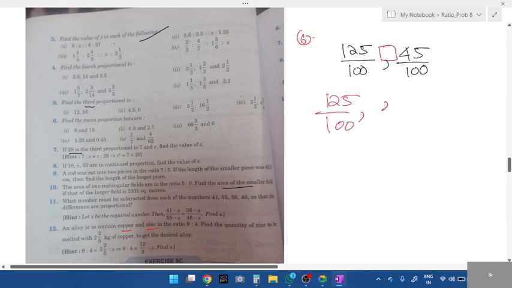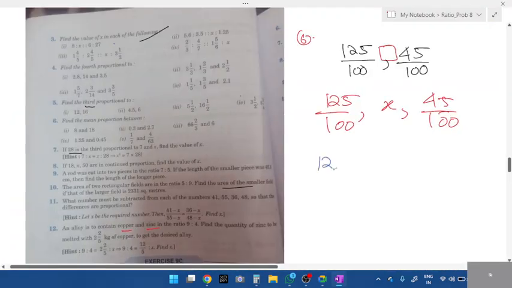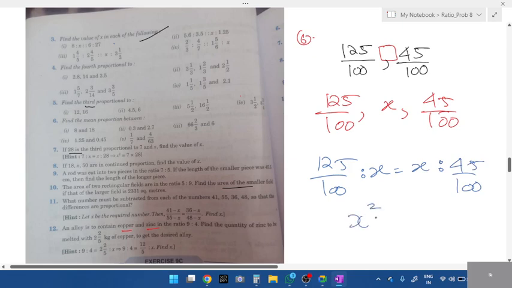X, right? Okay, I put x in between, students. But we have only three terms. Now tell me which one you have to convert into two. X, right? X has to be split into two parts. Okay, product of means is x into x, x square. Product of extremes is 125 by 100 into 45 by 100.